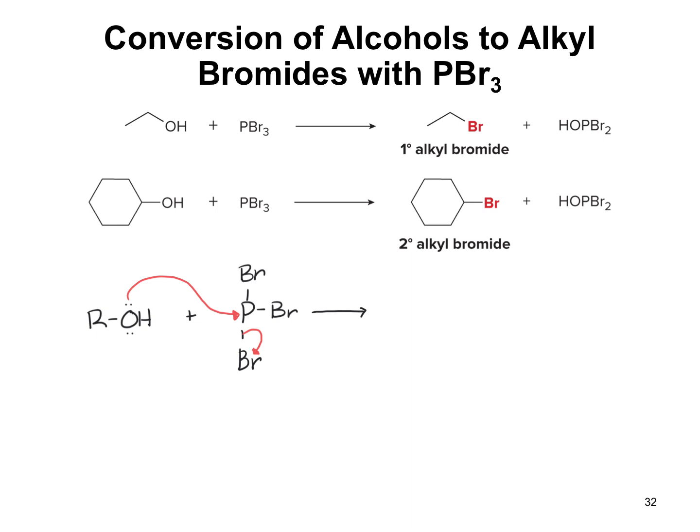Now, we follow our arrows and we see that there's a new oxygen phosphorus bond. We still have our hydrogen, and now we have a positive charge there. And that, of course, is going to make the oxygen a better leaving group. Okay?